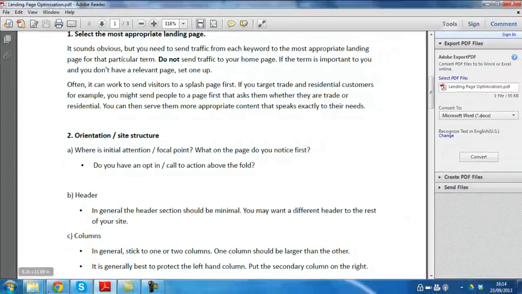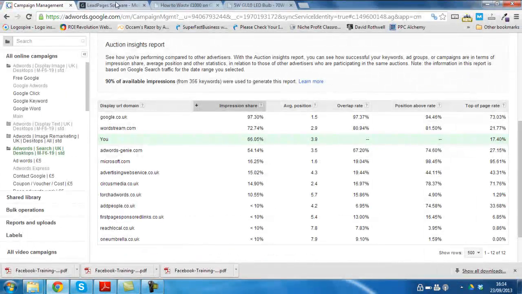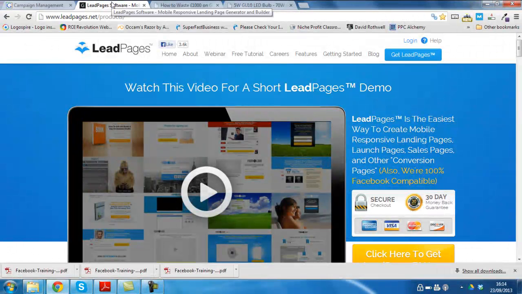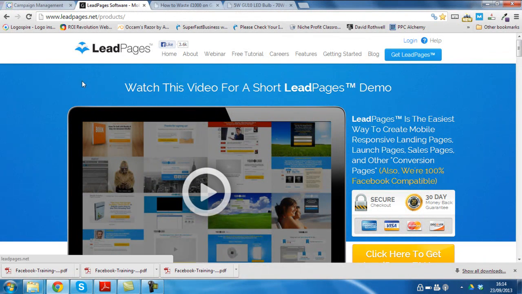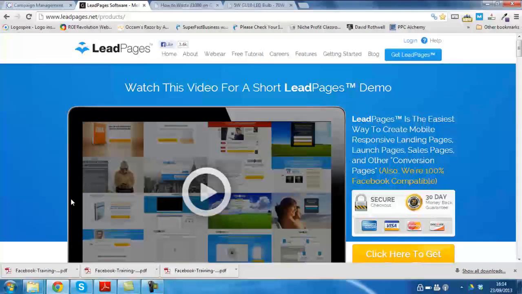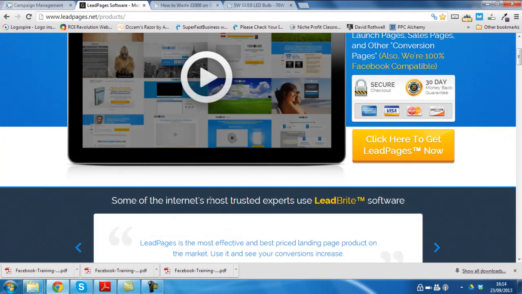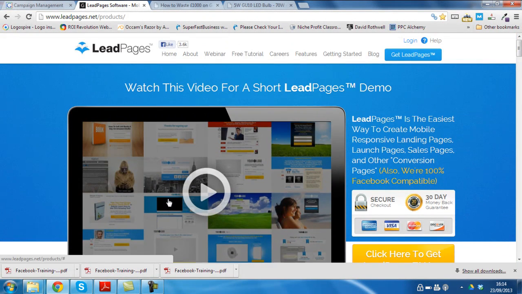I've loaded up a couple of pages to use here. One of the pages that we're going to look at is called Lead Pages. What happens when I first load the page is that I scan the page very quickly in kind of an F shape. I scan across the top, I scan down the side, and then if there's any headlines here, I'll scan across the headlines, and I'll make a snap decision on whether or not I'm in the right place to find a solution to the problem that I'm experiencing.